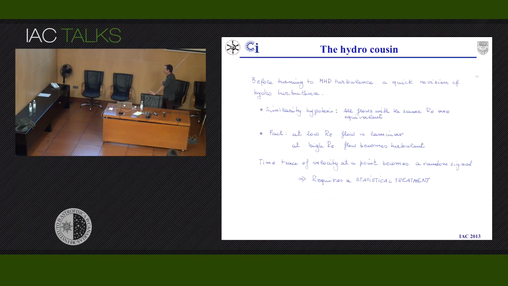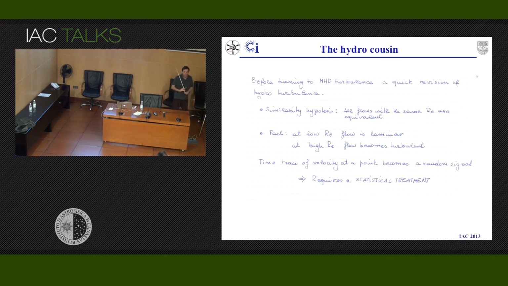Okay, we've already sort of argued this. There's another equivalent thing, the magnetic Reynolds number. And the fact of life is that at low Reynolds number the flow is laminar, and at high Reynolds number the flow becomes turbulent. And the idea is that if you then look at a time trace of the velocity at a point, it looks an awful lot like a random signal.